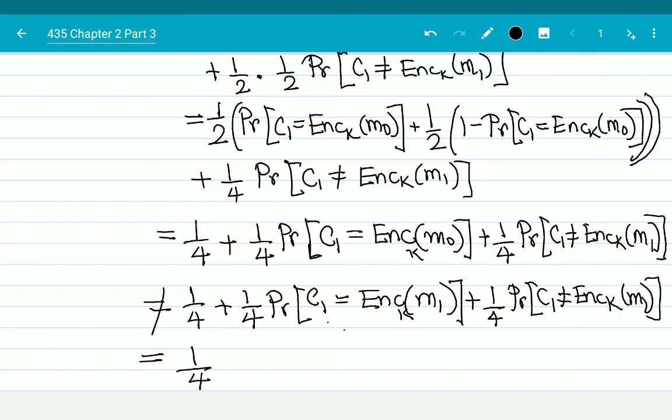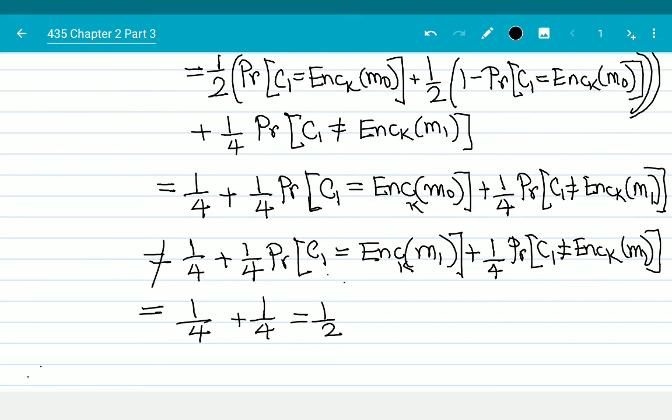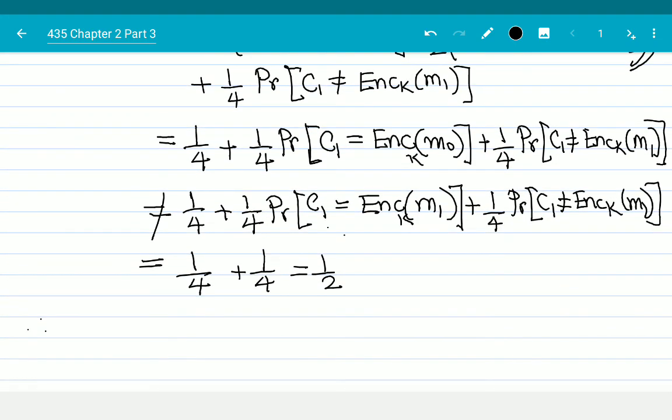So 1/4 plus 1/4 is equal to 1/2. And therefore, since there is a not equal to there, I get that the probability of my experiment succeeding, A pi is equal to 1, is not equal to 1/2.